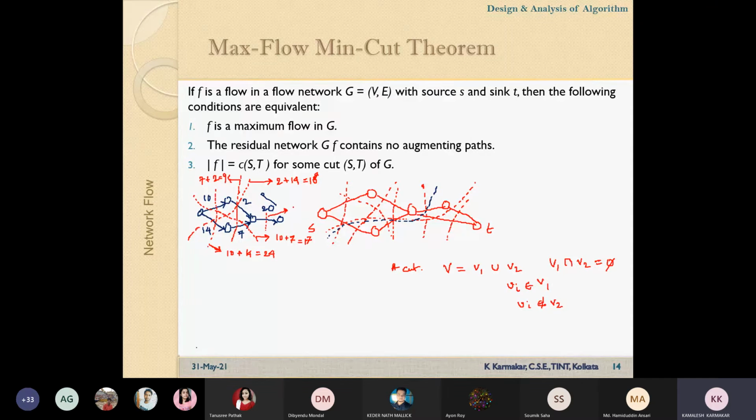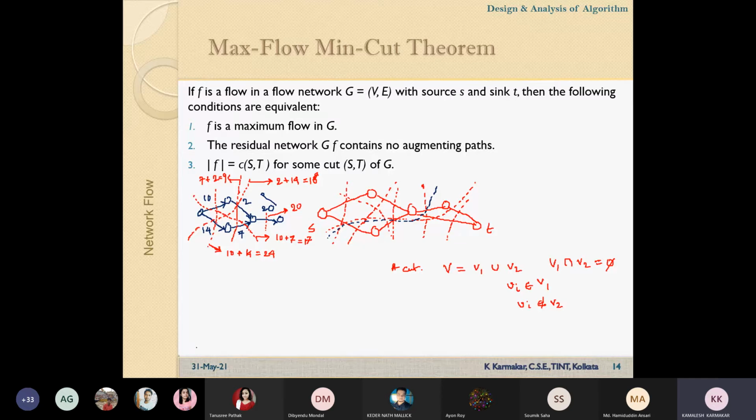Through this cut, the cost is 20. Now, is there any other cut of this graph? Is there any other cut? Obviously, there are some other cuts also.